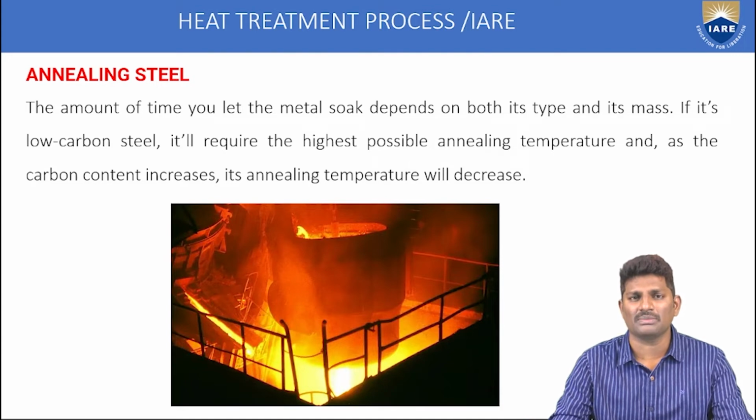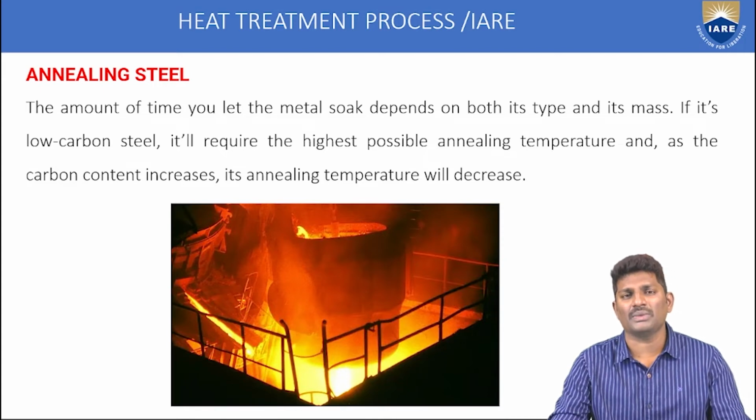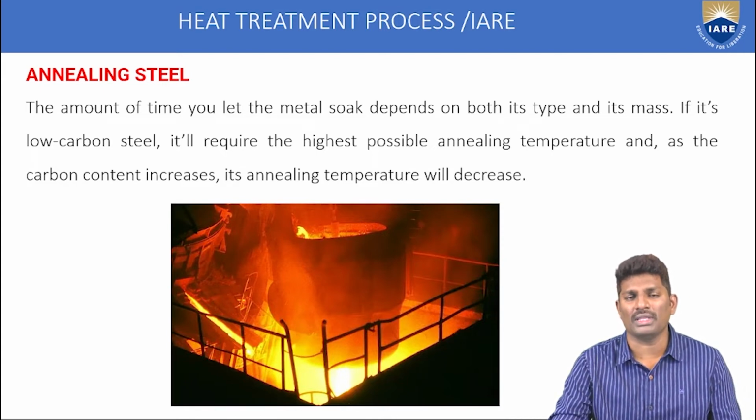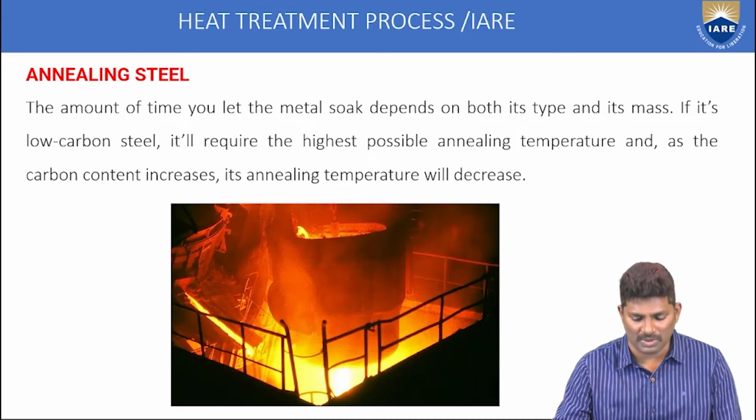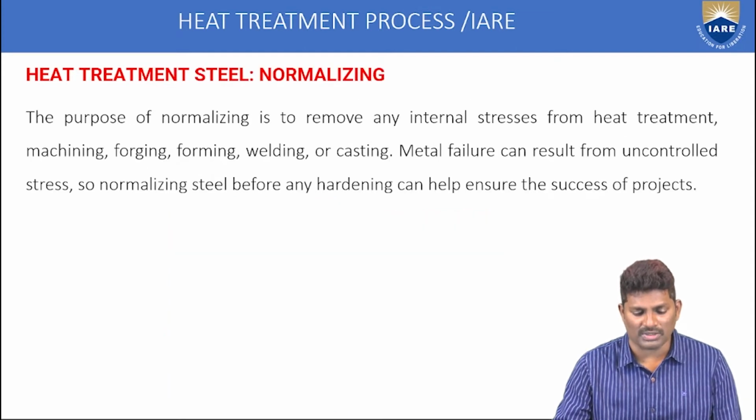After heating the material, what you have to do is make the material cool slowly, either by just turning off the furnace, or by covering or burying it with something, or by giving some insulation. If you do all these things, that means you're letting the material cool slowly without forcing it with any other substance. Then you can get the desirable mechanical properties. So this is about the annealing process.